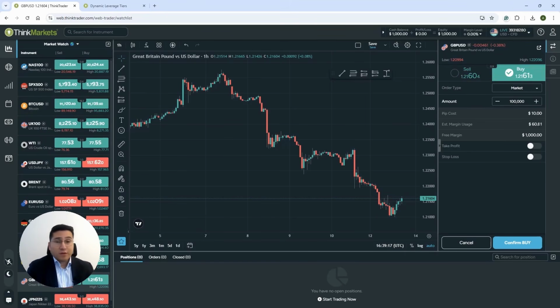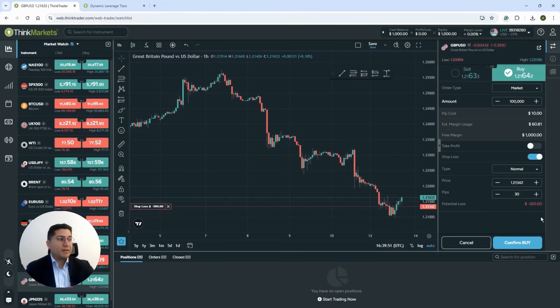Now, the margin requirement, okay, it's important to understand, if I open this position, I would still put on some big risks. So it's not enough to have the margin, you still have to have a bit of a buffer. Just to give you an idea, if I wanted to open this position and give myself a 30 pip stop loss, I would still have to have another $300 in my account. But the beauty here again is that you're not tied in.